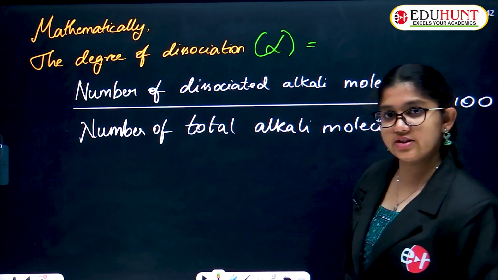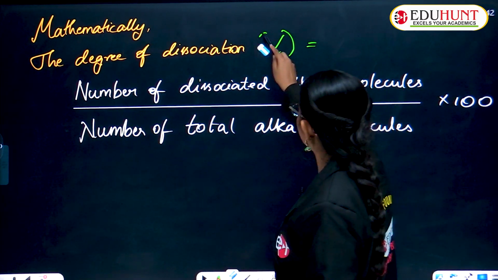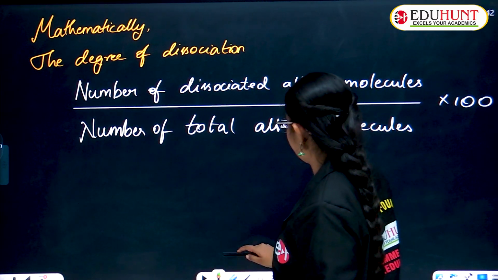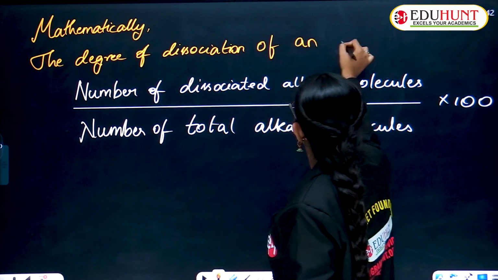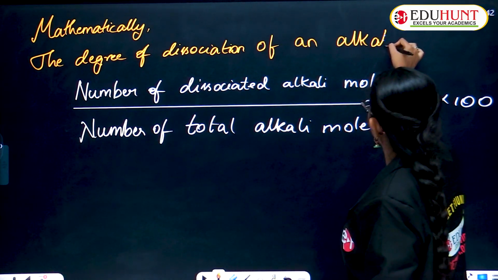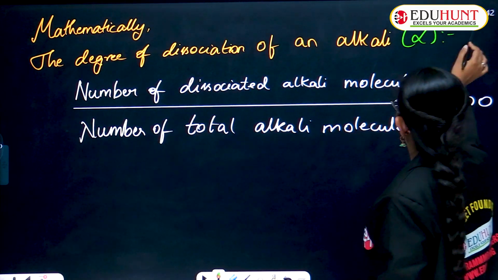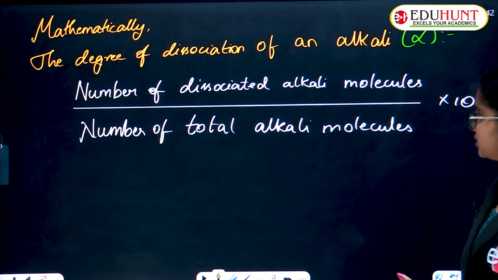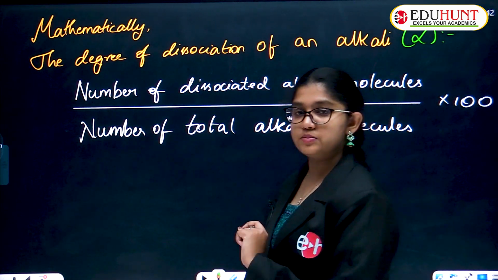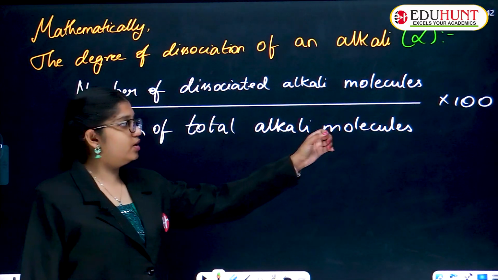Mathematically, the degree of dissociation of an alkali we can write, especially for an alkali. The symbol represents alpha: the number of dissociated alkali molecules by number of total alkali molecules, into 100.